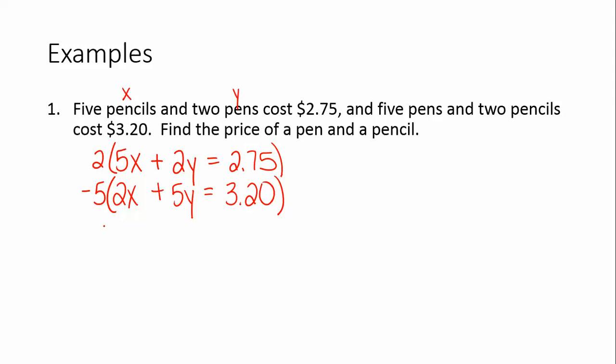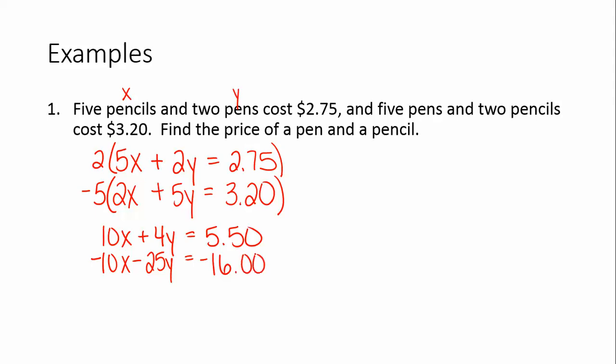So I have 10x plus 4y equals 275 times 2 is $5.50. On the bottom, I have a -10x minus 25y equals $3.20 times a -5 is -16. And because we're talking about money, you can put the 0 there if you like, but you don't have to.